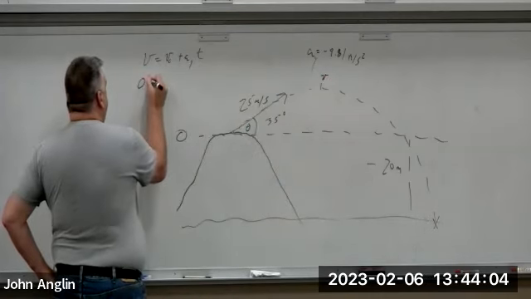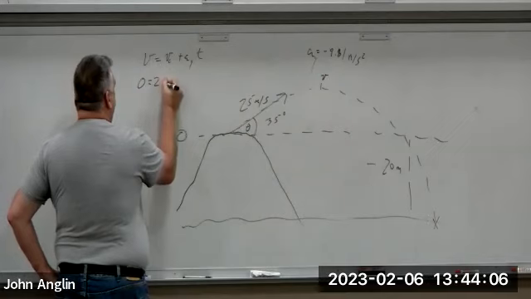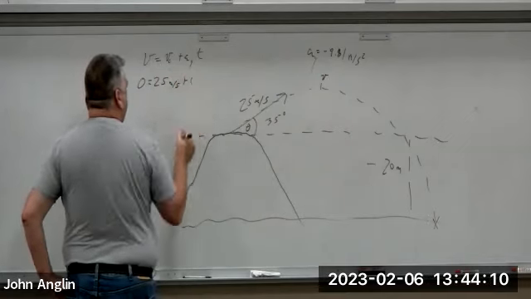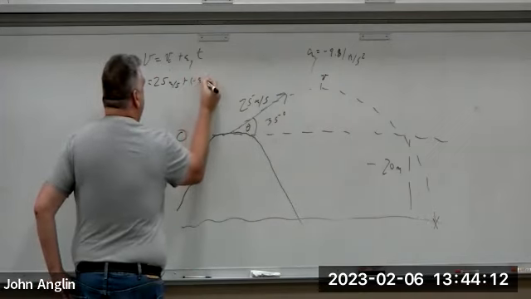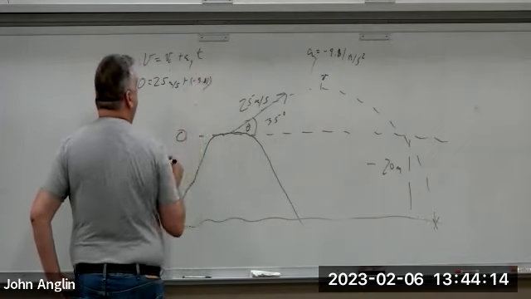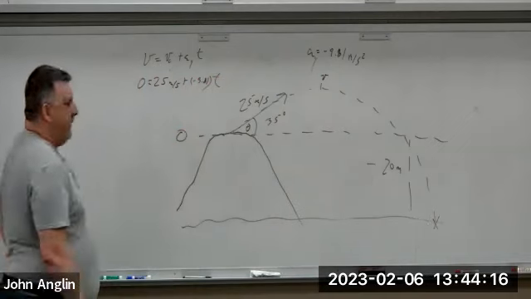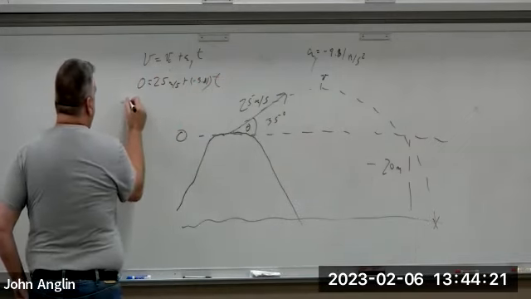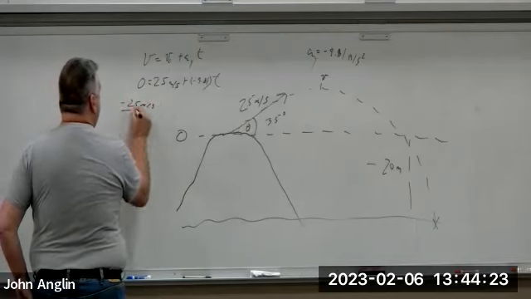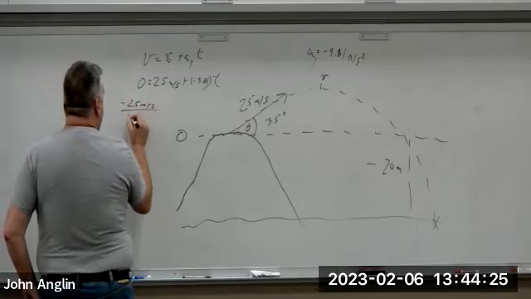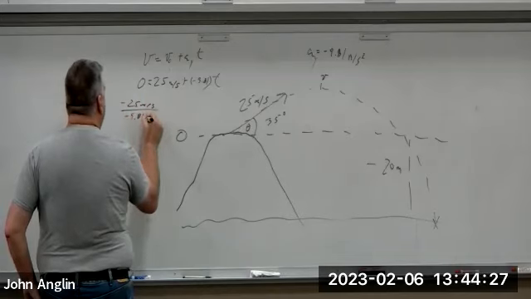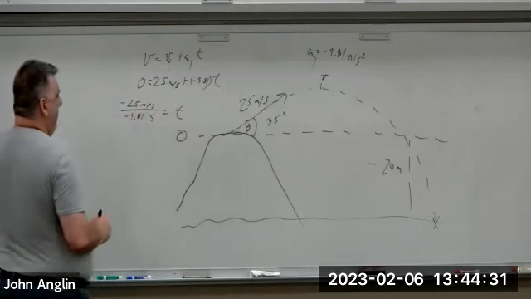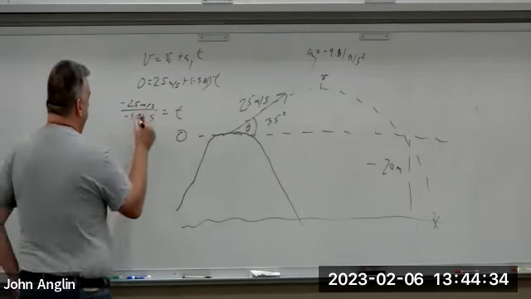So that's got to be 0. My initial velocity I know is 25 meters per second, plus my acceleration, don't forget the negative sign, times time. So that means minus 25 meters per second divided by minus 9.81 meters per second squared gives you time.